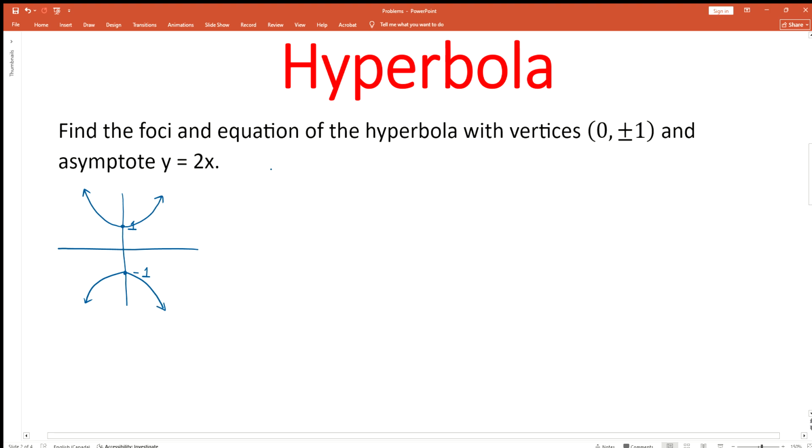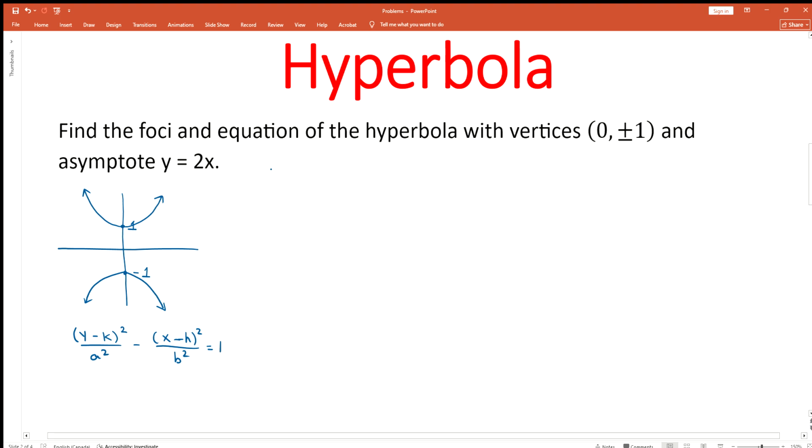The general equation of a hyperbola in which the curves are above and below each other is (y minus k) square over a square minus (x minus h) square over b square equals 1.